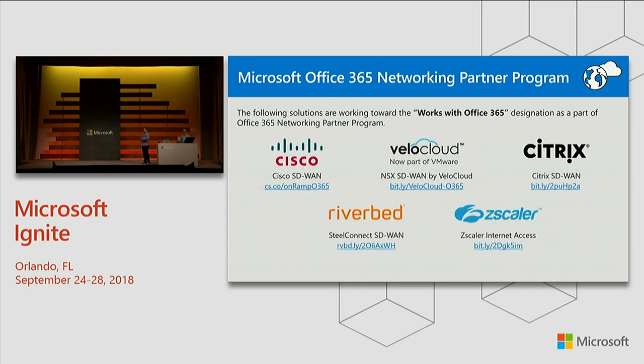We're still working through the initial phase of this, but these are initial network clients that have been signed up to this. A lot of them are down on the expo floor, so if you're interested in the SD-WAN solutions, for example, I talked about earlier on, a lot of these vendors are down in the expo hall, and they'll happily have a chat with you about what their product does and how you could implement it into your environment.